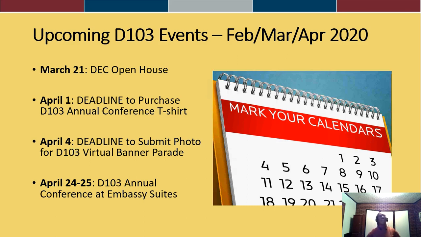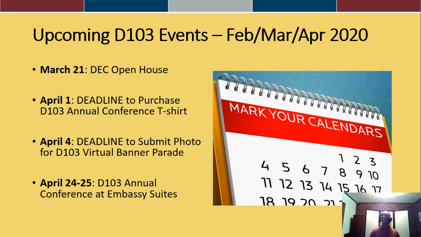And then the month of April, I say it's all about the annual conference. We have the April 1st deadline that's coming up to get your annual conference t-shirt. Oh, let me mention the t-shirt. We have a special logo design that was TI approved that we get a chance to use each year for our annual conference.